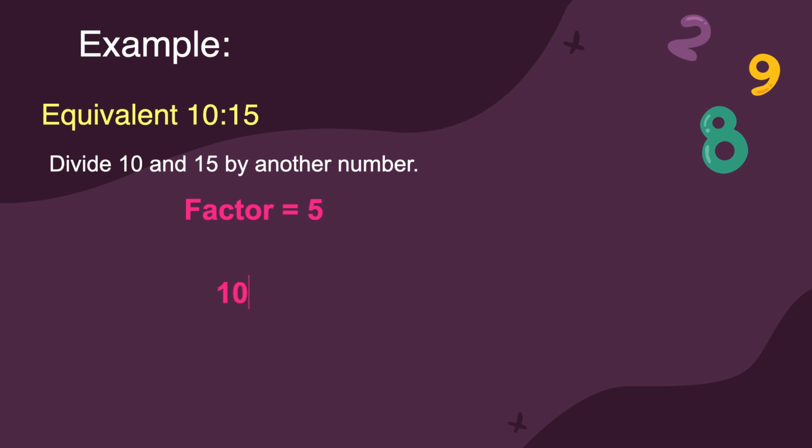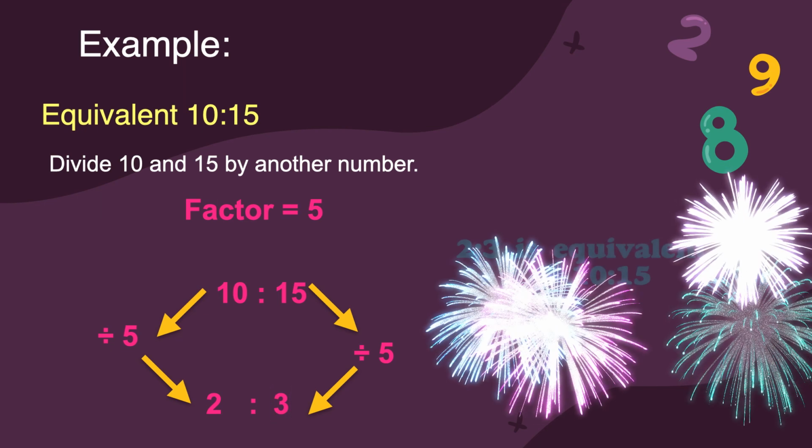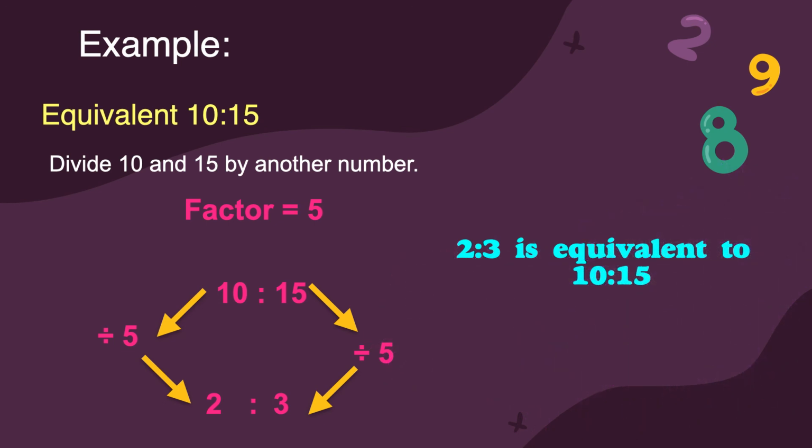So, if we take 10 and divide 10 by 5, we're going to get, that's right, 2. And if we take 15 and divide 15 by 5, we are going to get 3. So, 2 to 3 is an equivalent ratio for 10 to 15.